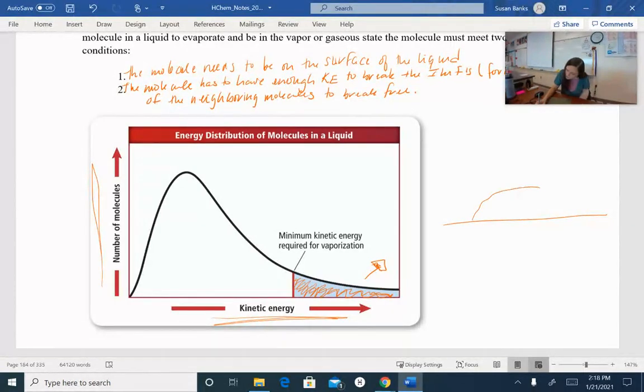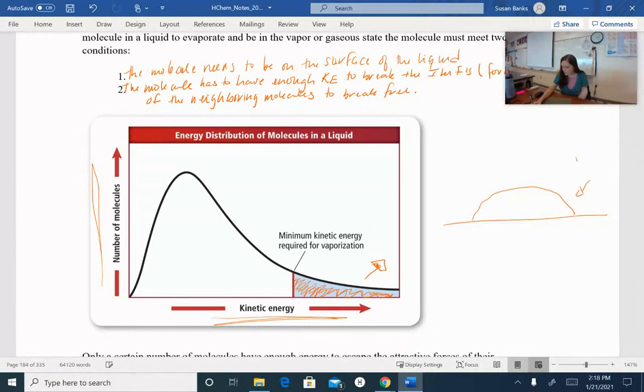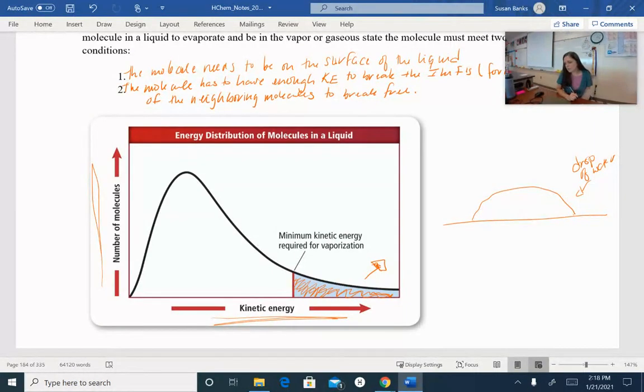So here's a thought question. If I have a drop of water like this on a counter, and I leave it there and you come back 20 minutes later, is that drop of water still going to be there? Probably not.